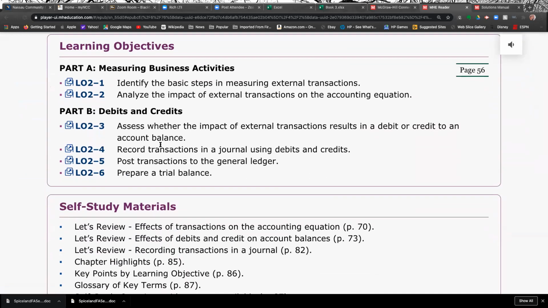Now, in chapter 1, we learned how to do those financial statements, and the financial statements are the end product. In other words, the accountant prepares financial statements when they're finished with all the other work.